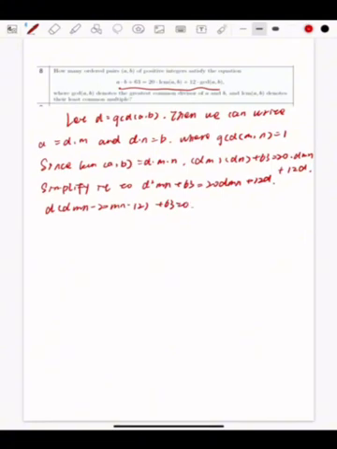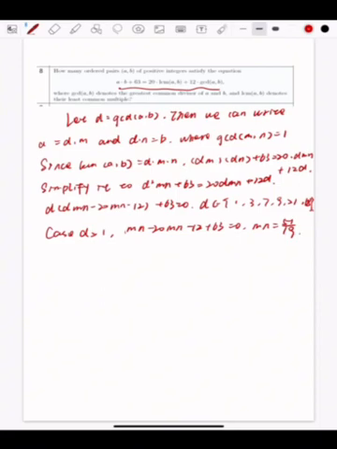And this suggests that D must divide 63, and then the positive divisors of 63, D has 1, 3, 7, 9. And now let's test the possible D here. For example, if D equals 1, okay, and test here, so this is not a solution.